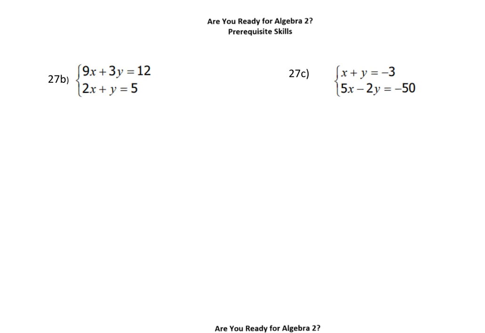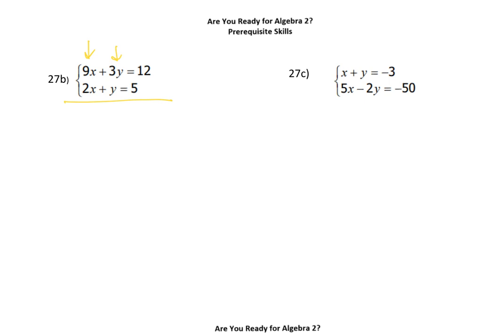On 27b, if you look at this system, you can notice that our x's do not have common or opposite coefficients, and neither do our y values. So if we add these together the way that they are, nothing is going to cancel out. So what we need is to find a least common multiple between either our x's or y's so that either the x values or the y values will cancel out.